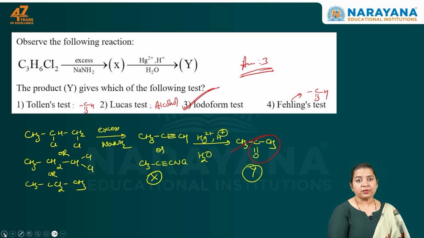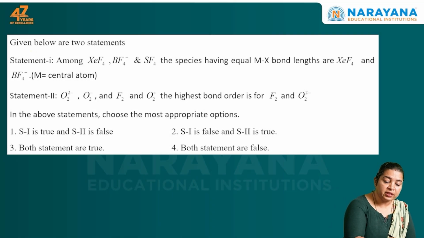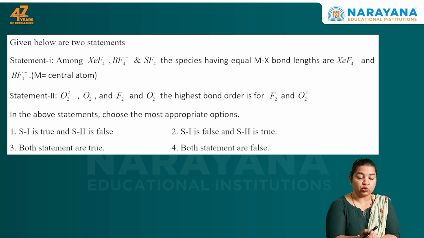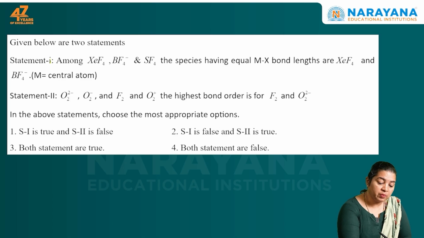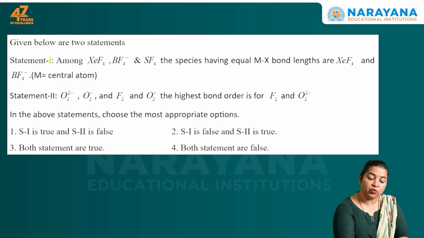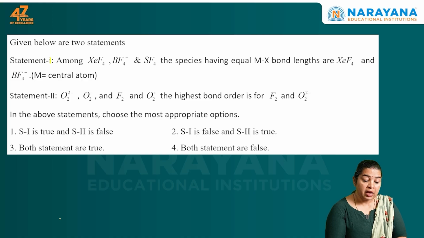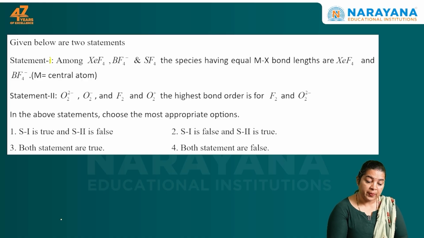So, here we are with the next question. Given below are two statements, statement 1, statement 2. What does statement 1 say? Among XeF4, BF4 minus and SF4, the species having equal bond lengths are XeF4 and BF4 minus.